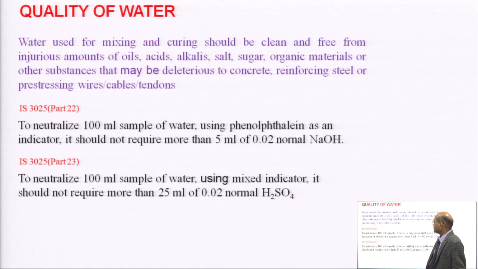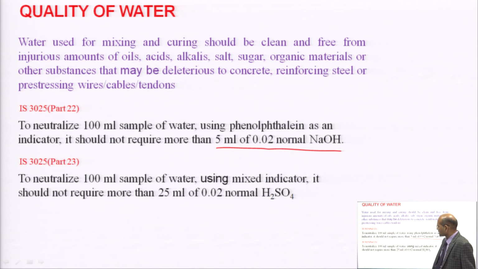If you go to IS 3025 part 22, it says you have to take a 100 ml sample of water, use phenolphthalein as an indicator, and it should not require more than 5 ml of 0.02 normal sodium hydroxide.